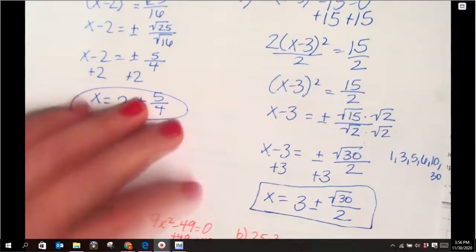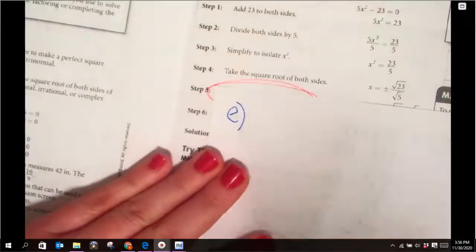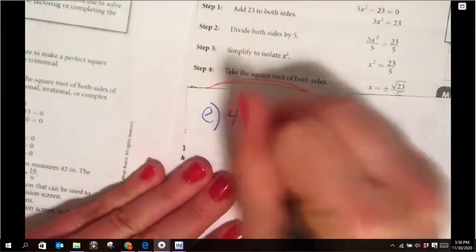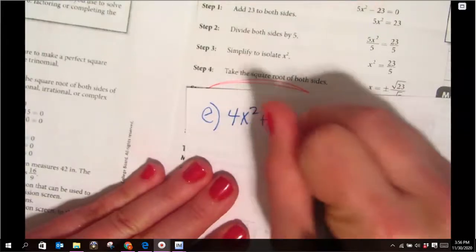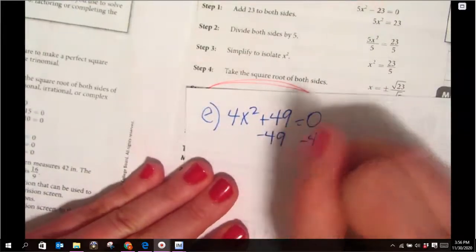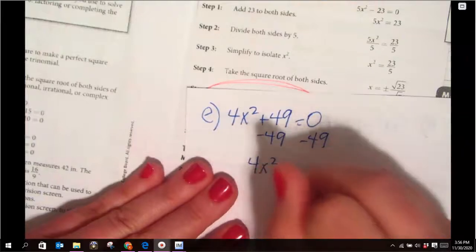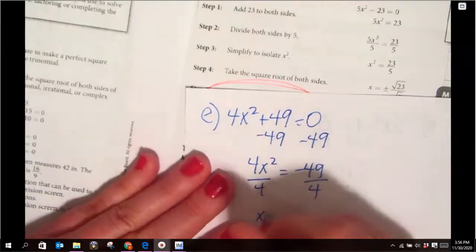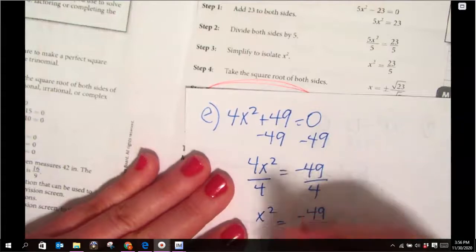Okay. All right, now let's look at E. E is 4x squared plus 49 equals 0. I'm going to subtract 49. So 4x squared equals negative 49. Divide by 4. X squared equals negative 49 divided by 4.